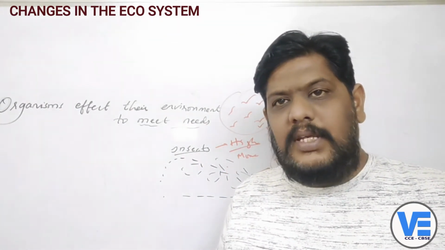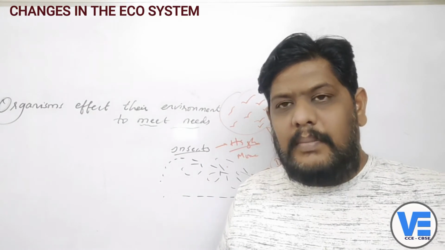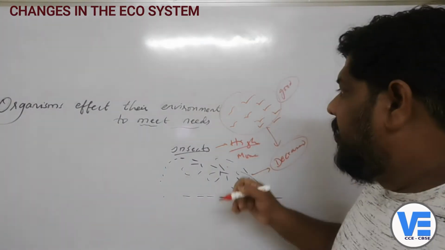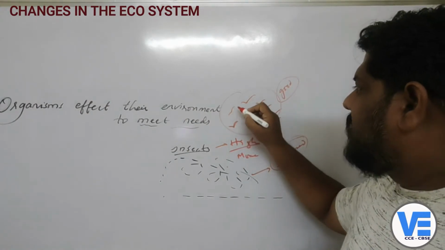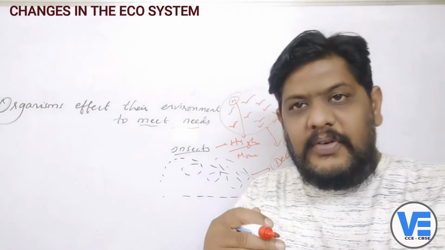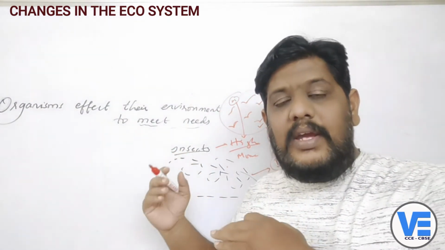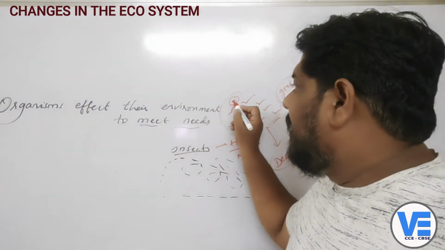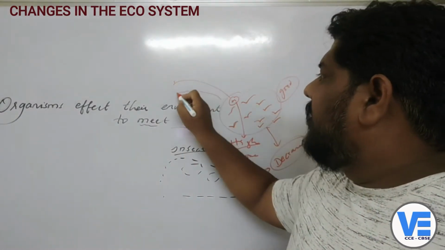As the number has become low, because there is scarcity of food here, the maximum number of birds will try to move away from this place. They will migrate to other places, to other habitats.